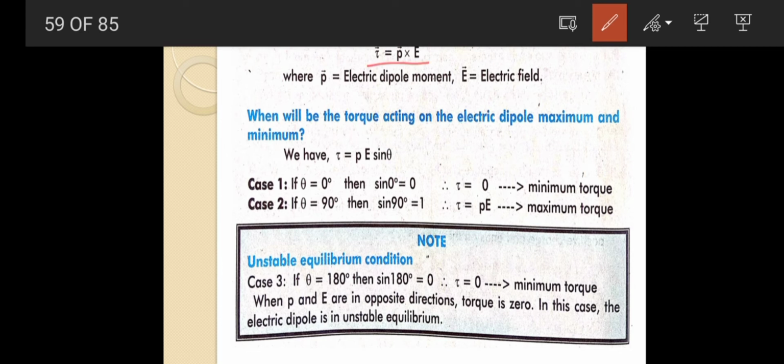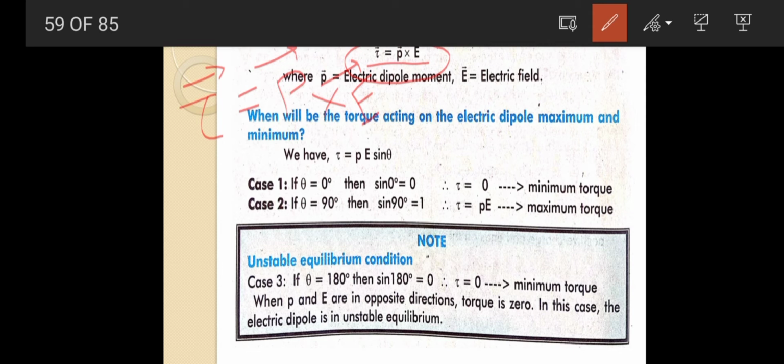So this expression is nothing but the vector form of torque acting on an electric dipole placed in a uniform electric field. We know that torque is a vector, so I will use this arrow mark to represent tau as a vector, and P is the electric dipole moment which is also a vector, and E, the electric field, is also a vector quantity.